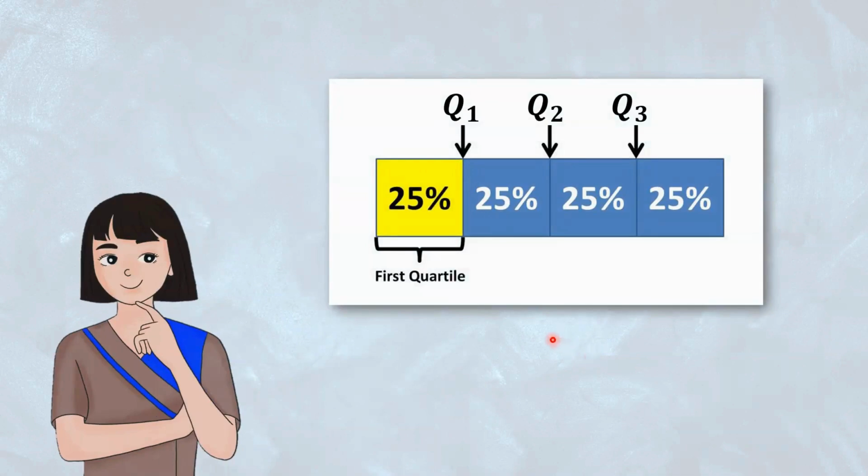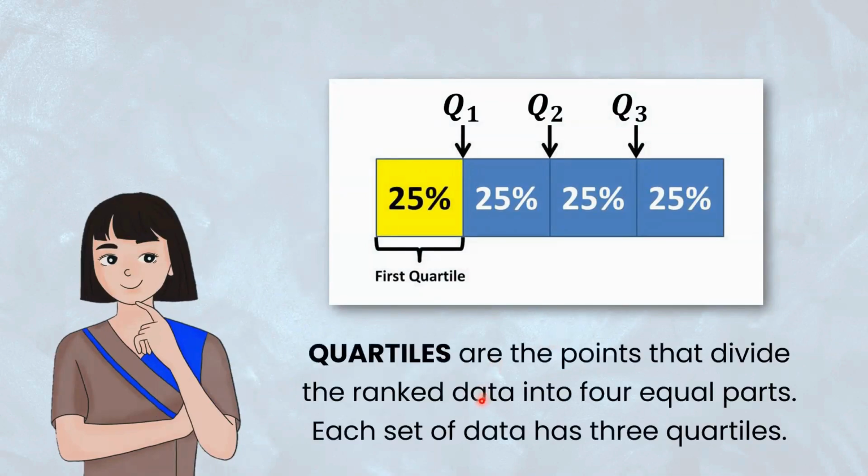Again, quartiles are the points that divide the ranked data into 4 equal parts. So each set of data has 3 quartiles. We have quartile 1, quartile 2, and quartile 3. Since quartile values divide our distribution into 4 equal parts, each division corresponds to 25% of our data set.